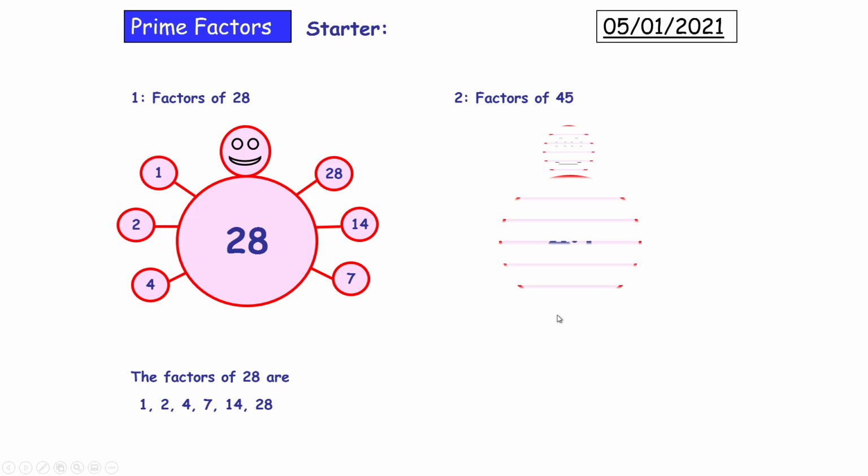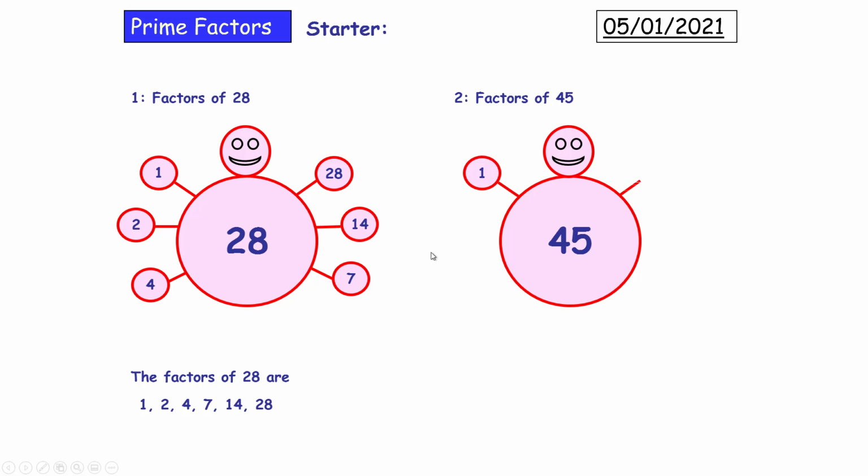And I'm sure you've done 45. Always start with 1. 1 and 45. Does 2 go into 45? No. Does 3 go? Well, 4 add 5 is 9, which is in the 3 times table. So 3 does go, as it happens, 15 times. 4 doesn't go into 45, but 5 does. 5 times 9. 6 doesn't, nor does 7 or 8.